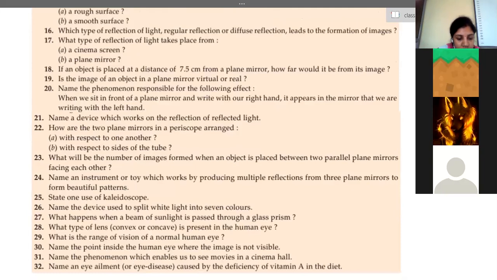Have we done 32 questions, 31 questions? Till 30th right now. Any problem, any doubt? Pragya, which question are you solving? 25th.